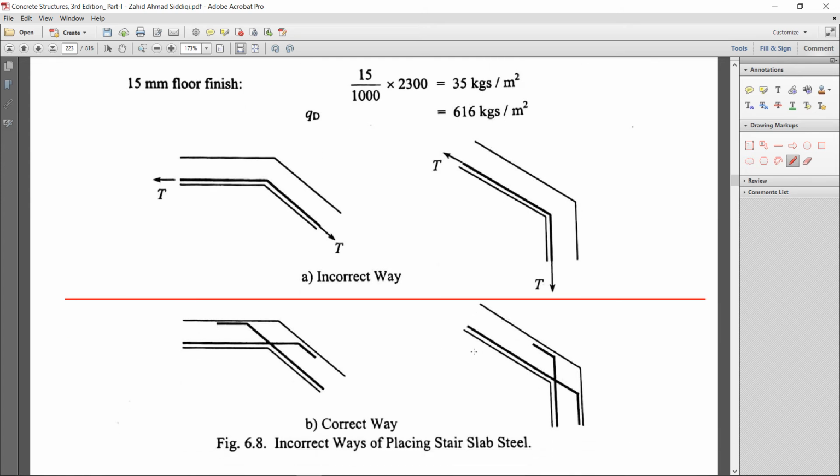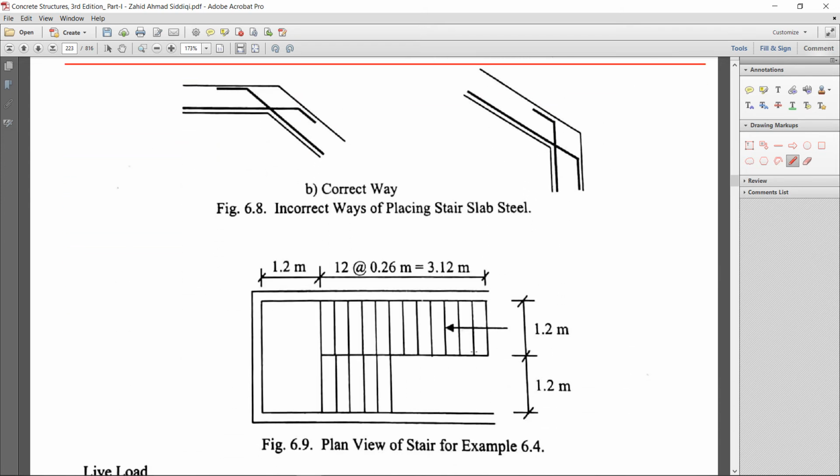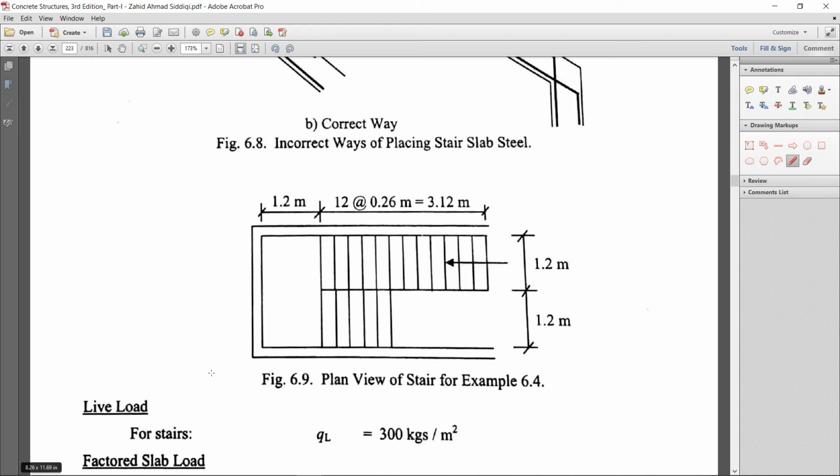Okay, now I will go for the live load. For the design of stair, in this example we have taken the load 300 kg per meter square. The live load depends upon the building. If it is a hospital building, a school building, or an office building, you will select this live load from the table that is given in different codes.